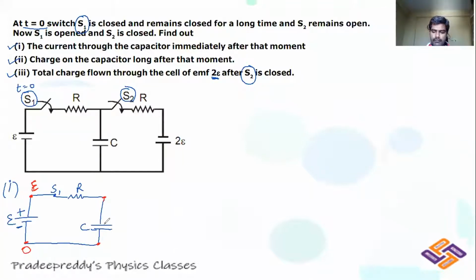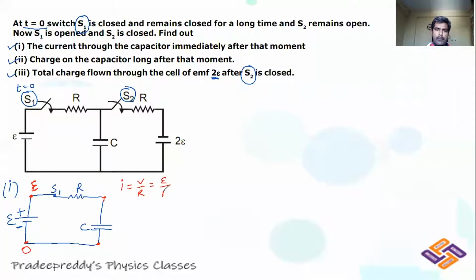Now I want to find this charge. When you switch on, initially this capacitor acts as a wire and current flows through the circuit. The initial current in the circuit is I equal to V divided by R, which is E divided by R.